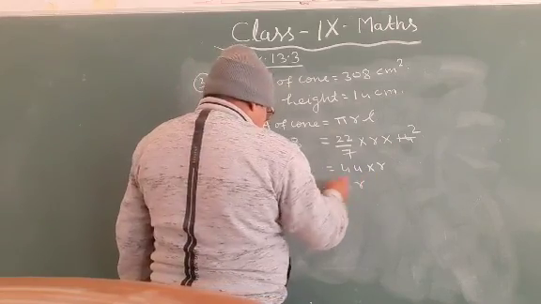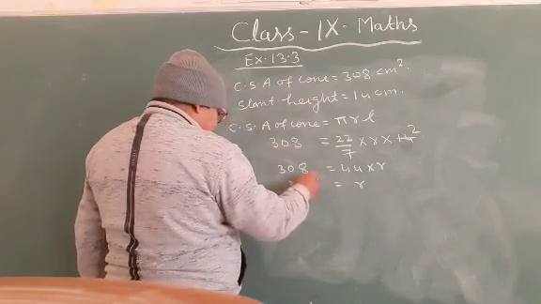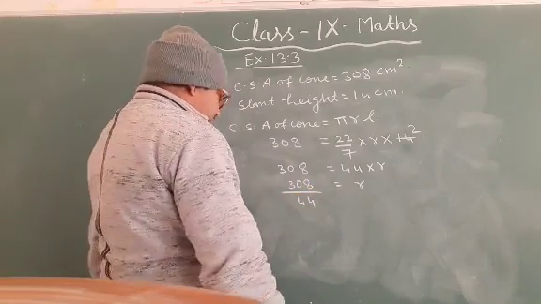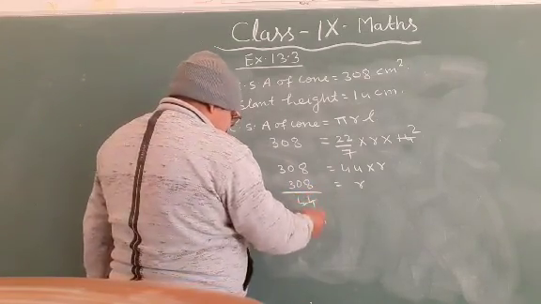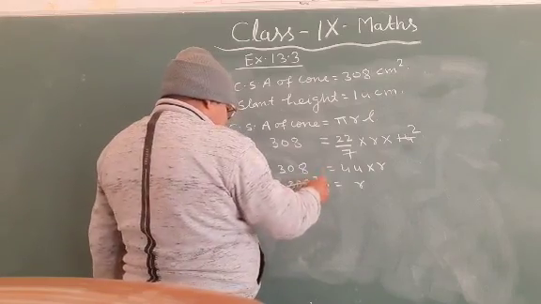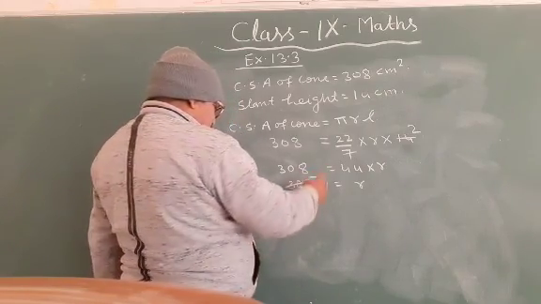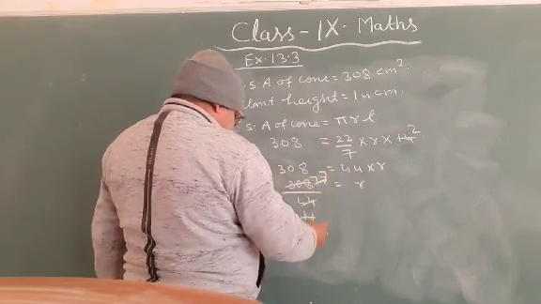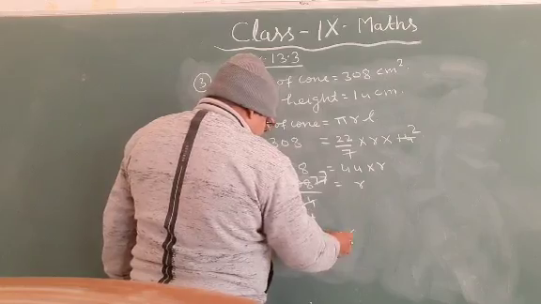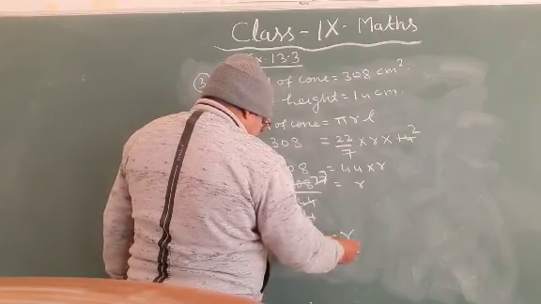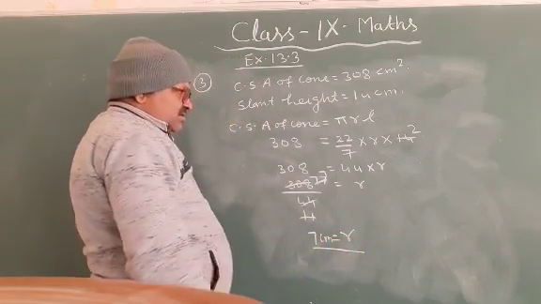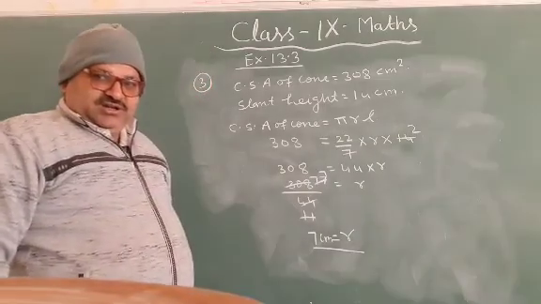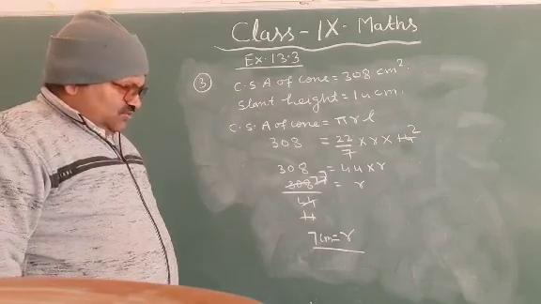So r is equal to 308 upon 44. So r is equal to 7 centimeter. This is the radius of cone.